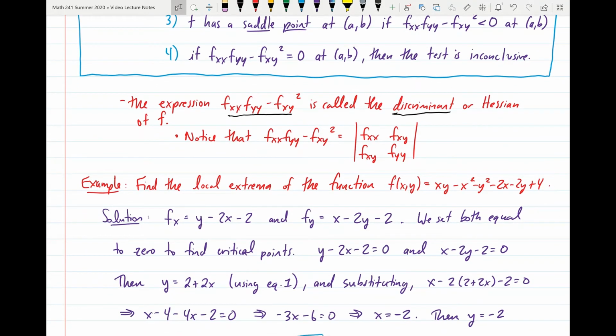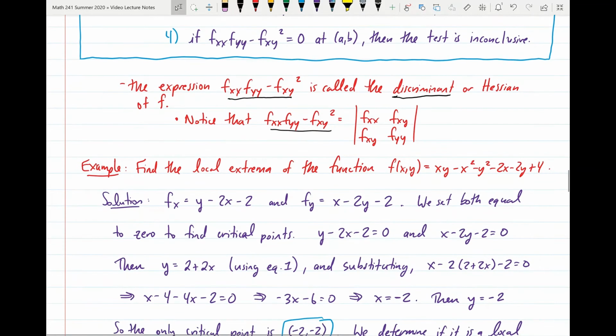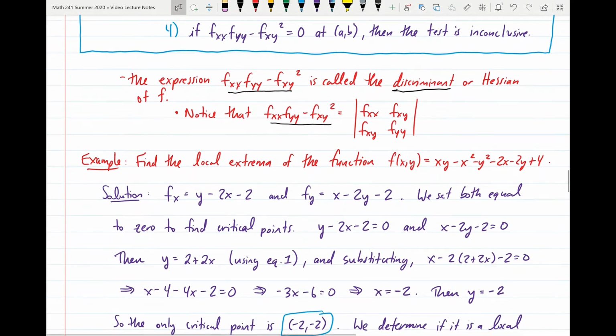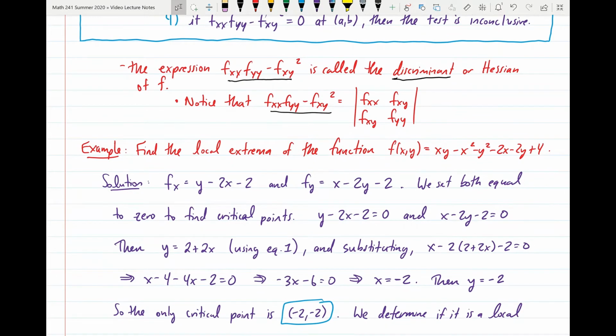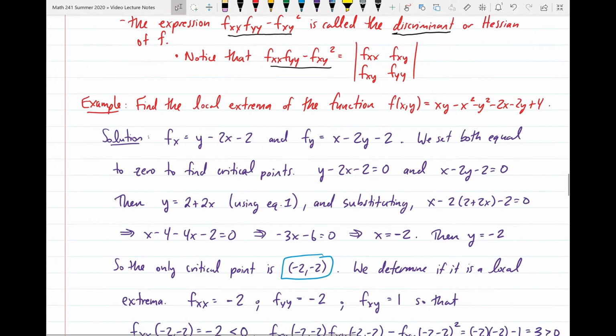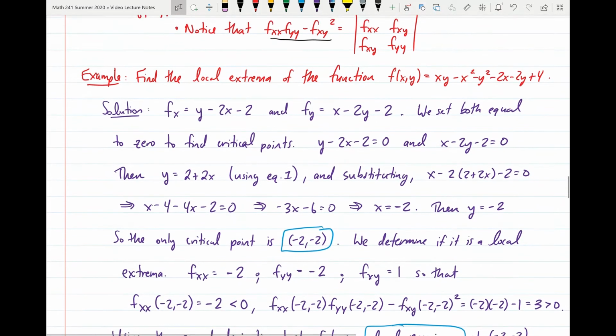You can also notice that the discriminant is actually equal to the determinant of a matrix, which is given by f sub xx, f sub xy in the first row, and f sub xy, f sub yy in the second row. It's just a little interesting piece of information for you. You could remember the formula for the discriminant by remembering that it's the determinant of this matrix if you wanted to. But let's move on into an example now.